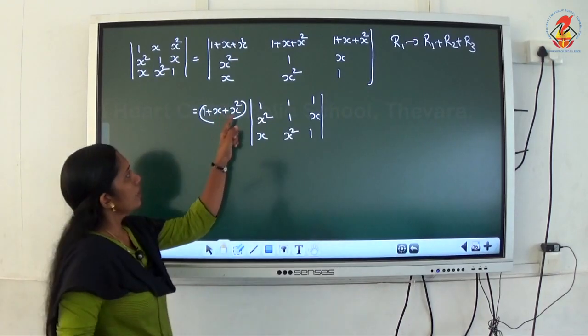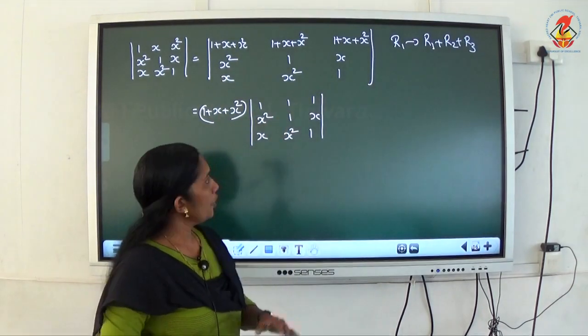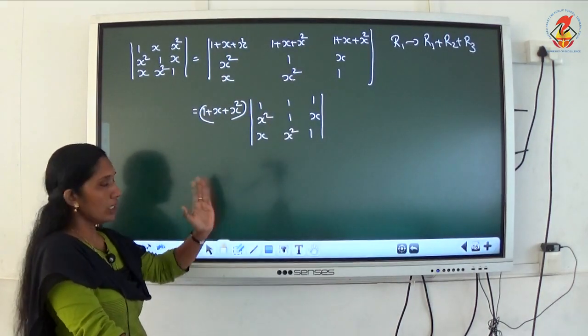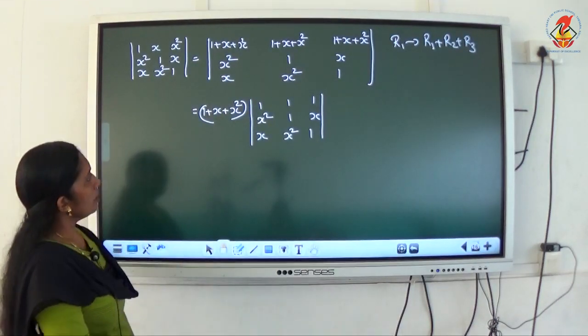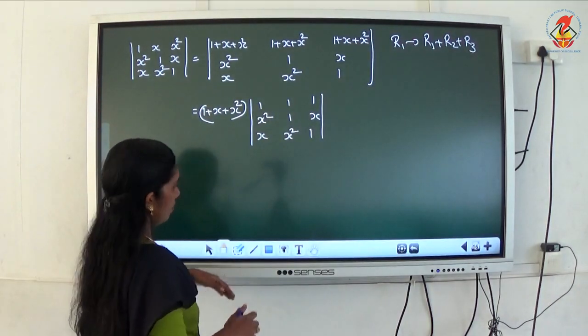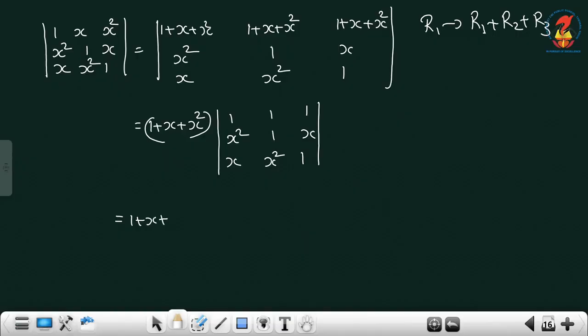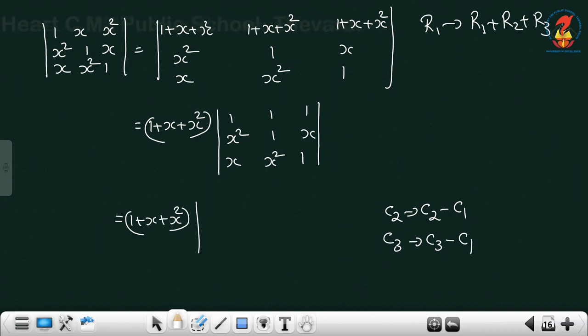If all three elements are 1, you can convert two 1s to 0. One you have to keep as itself. So here we can do the operations: 1 plus x plus x² into, C2 implies C2 minus C1, and again C3 implies C3 minus C1.